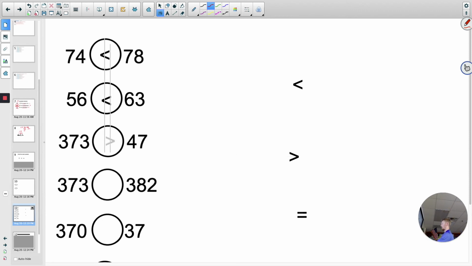We have the greater than symbol, we have the less than symbol, and we have the greater than symbol. An easy way to know which one to write is it always opens up towards the larger number. So here it's opening up towards 63. Here it's opening up towards the 370.